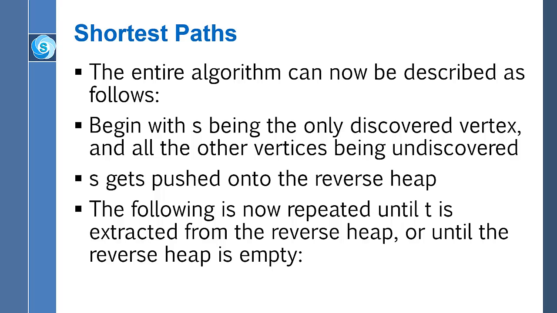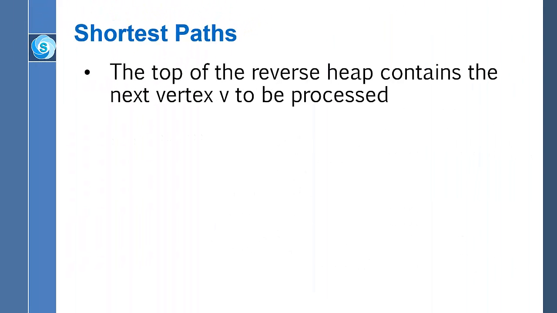All right, anyway, here's what we do in a loop. The vertex at the top of the heap, well, it's actually a reverse heap, but I'm going to say heap, is the vertex that we want to process next.